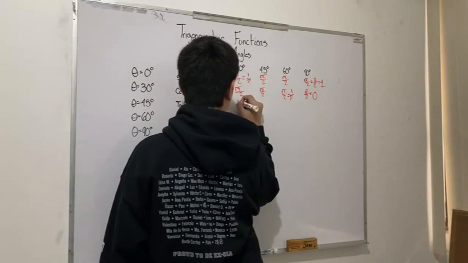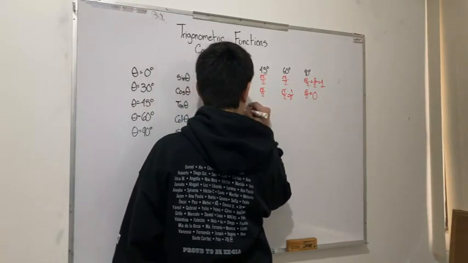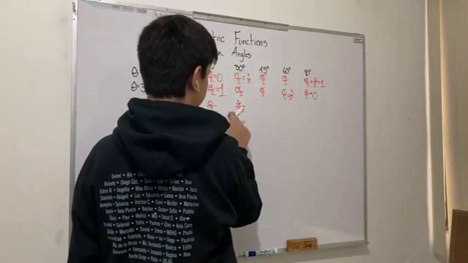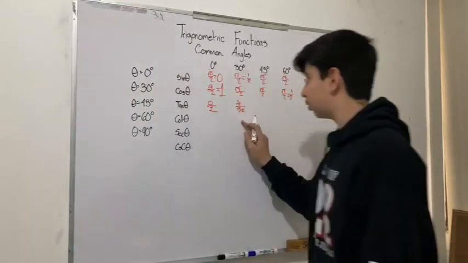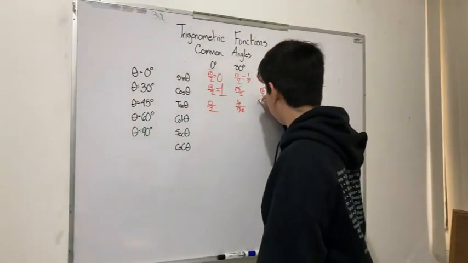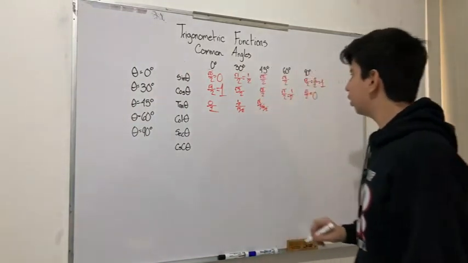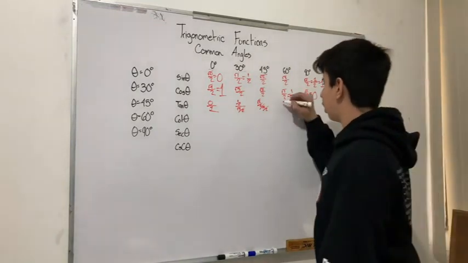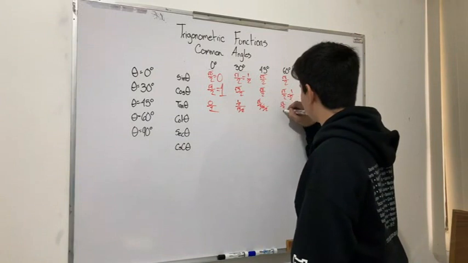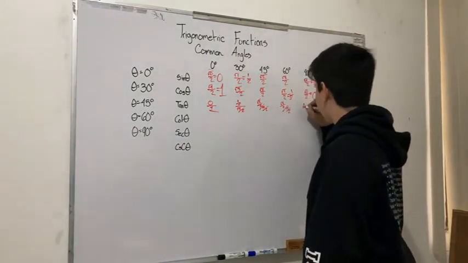This will be 1 over 2 divided by the square root of 3 over 2. This one will be the square root of 2 divided by 2 divided by the square root of 2 divided by 2. Then this one will be the square root of 3 divided by 2 divided by the square root of 1 divided by 2. This will be 1 divided by 0.